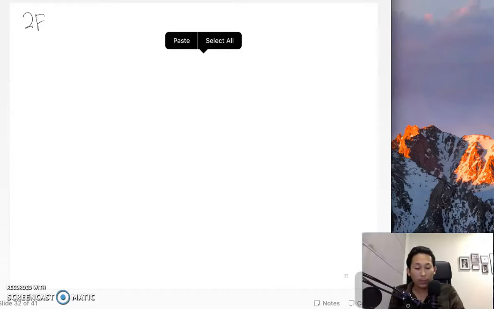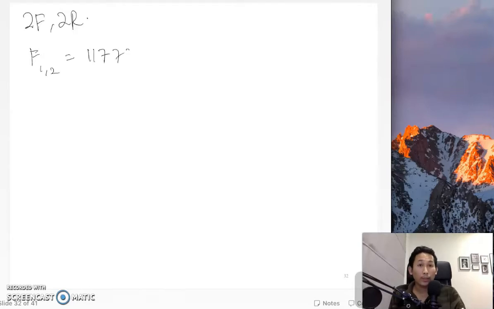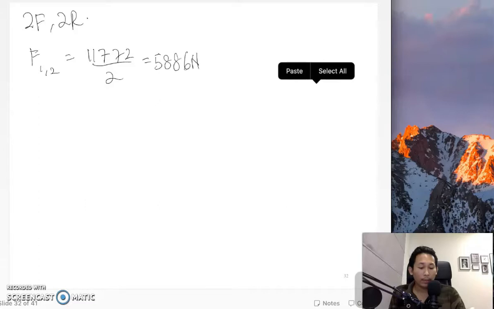two front wheels and two rear wheels, so we just divide the answer by 2. Each of our front wheels, F1 and F2, will be 11,772 divided by 2, which is equal to 5886 Newton.